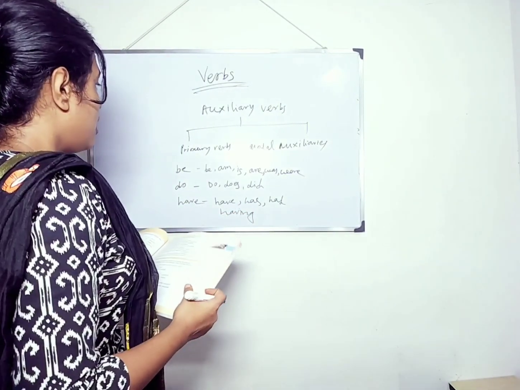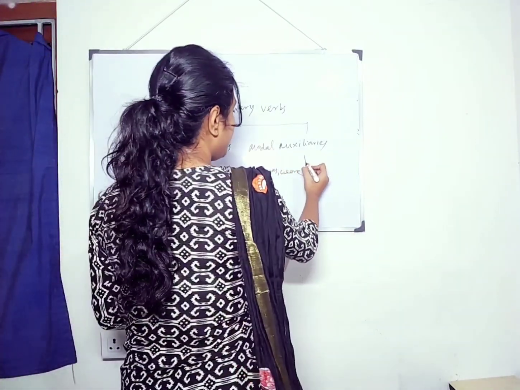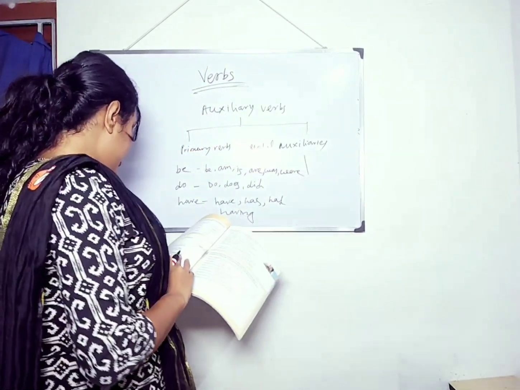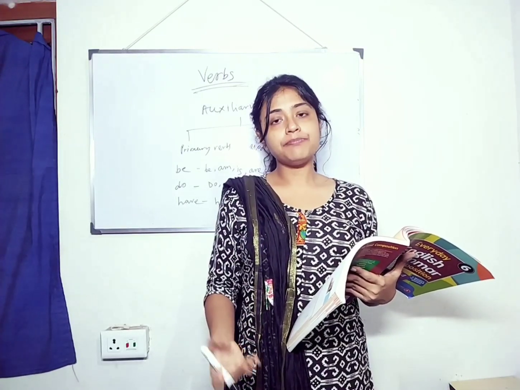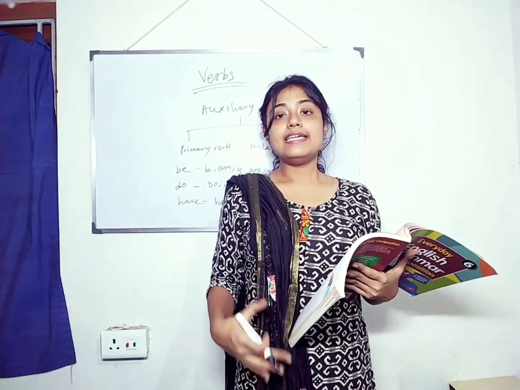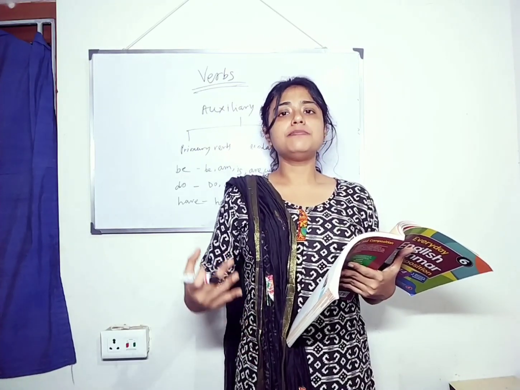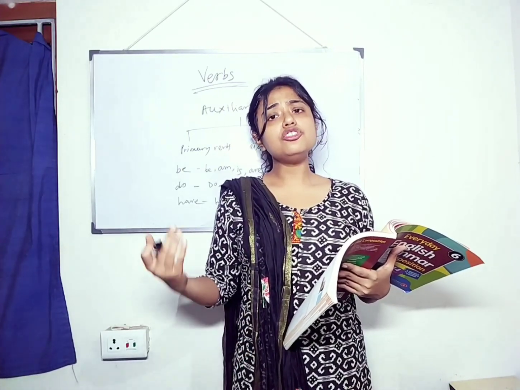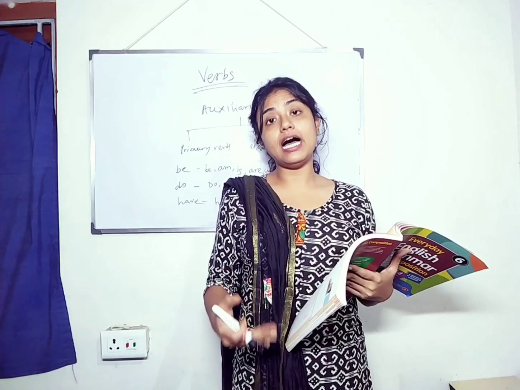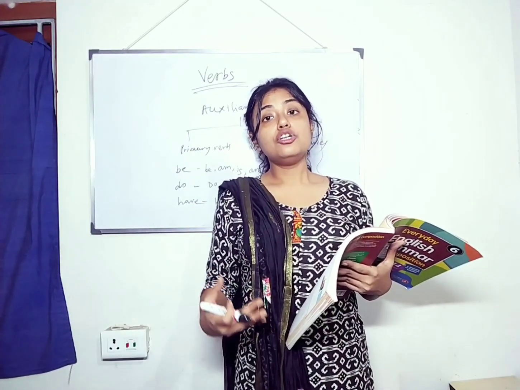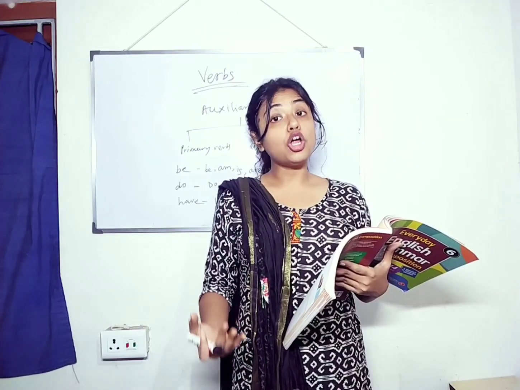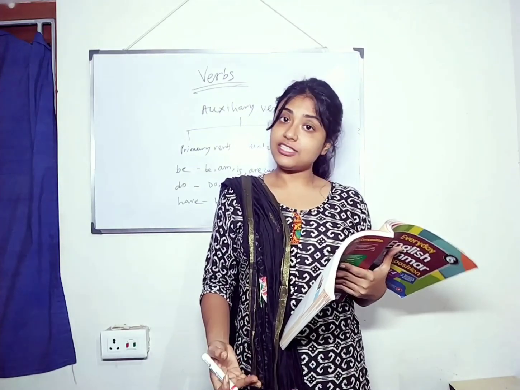Okay, now let us discuss the modal auxiliaries. Modal auxiliaries express permission, possibilities, necessities and prediction. For example, these are may, might, shall, should, then ought to, must, etc. Right?